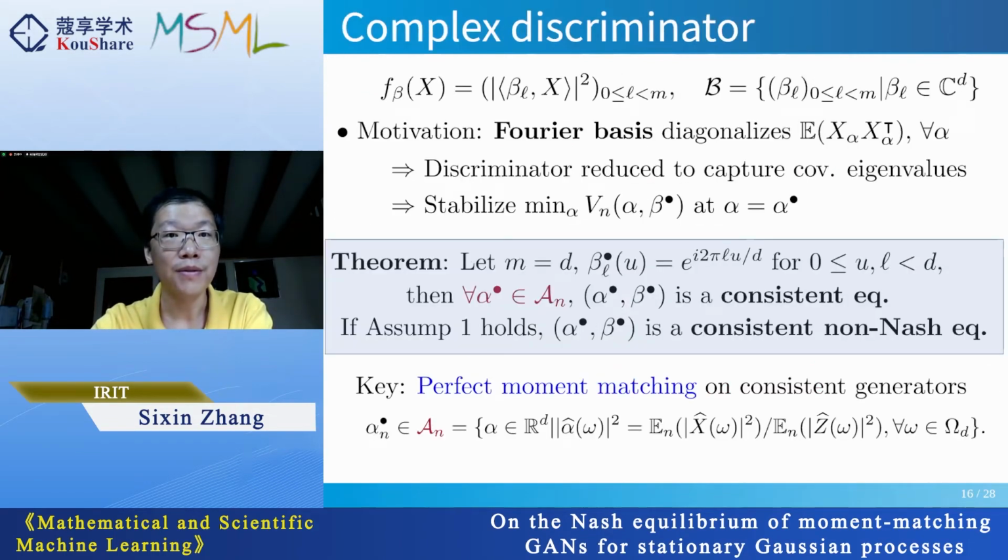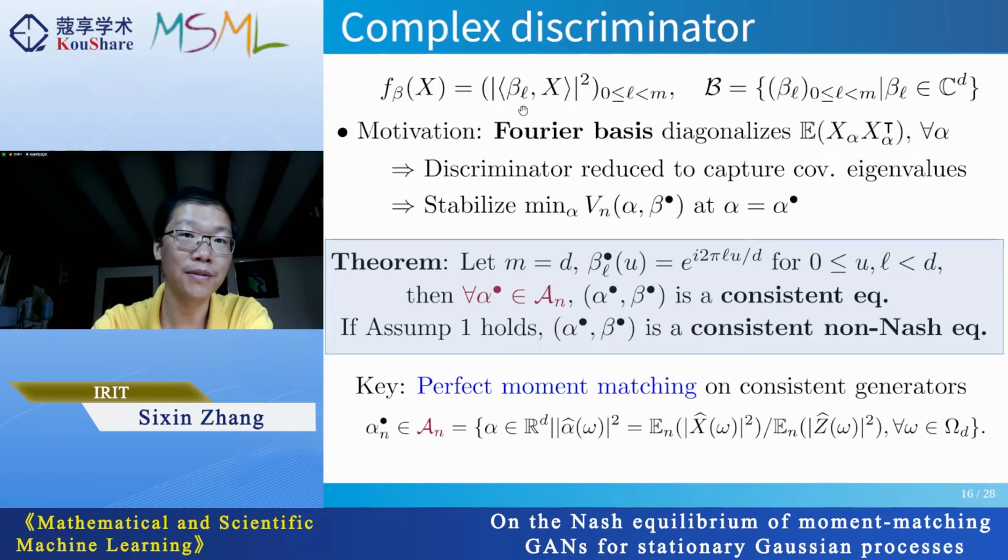So for the second case, this is motivated by some Fourier basis analysis, because we know that the Fourier basis jointly diagonalizes the covariance matrix for all the alpha.